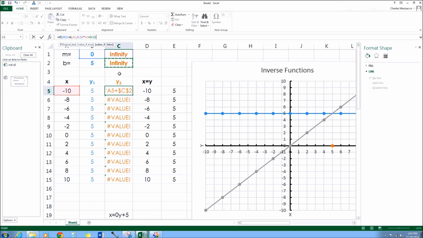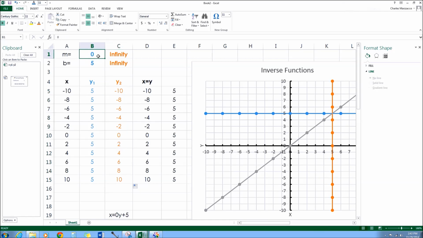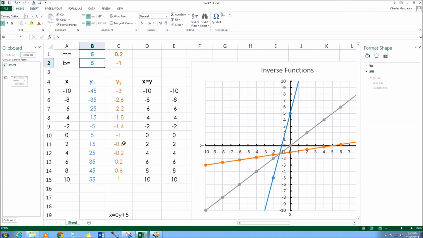So now enter. So see, now it works. Now let's make sure it works without 0. Enter. Yep, see, it works.